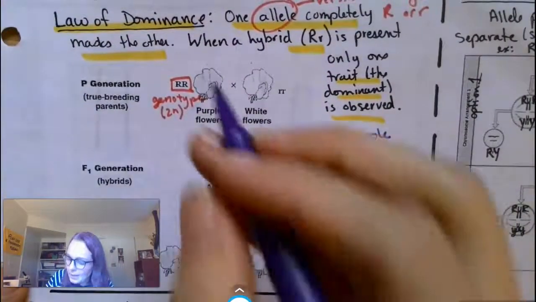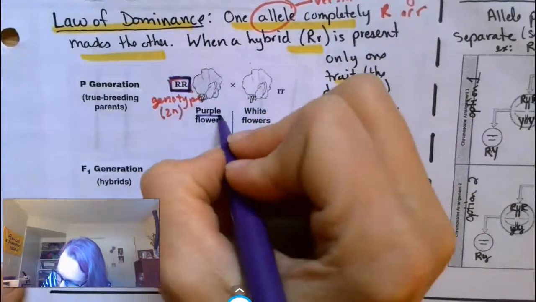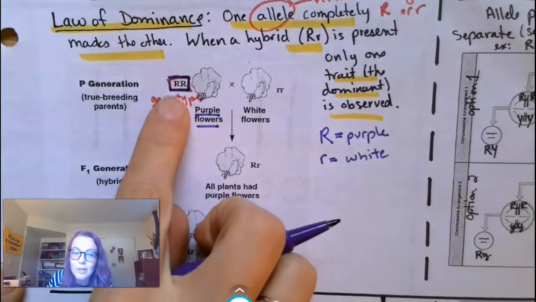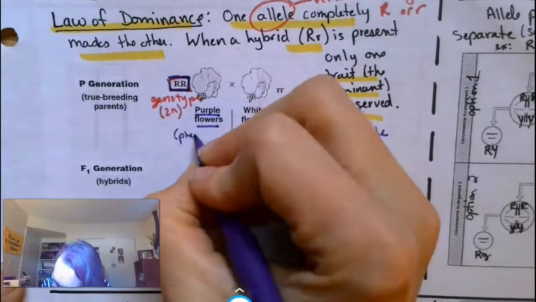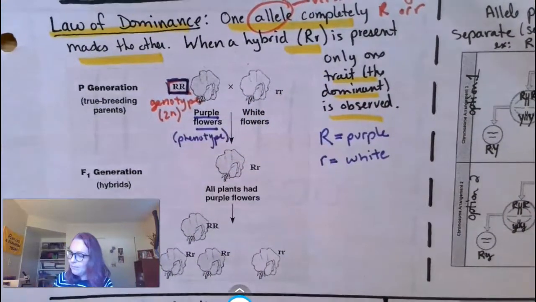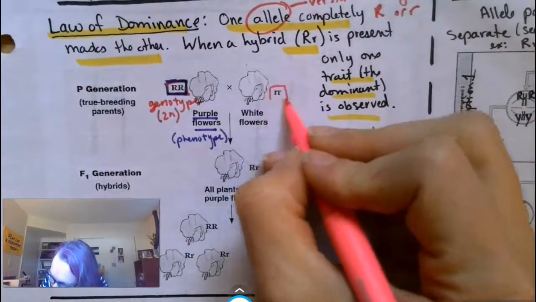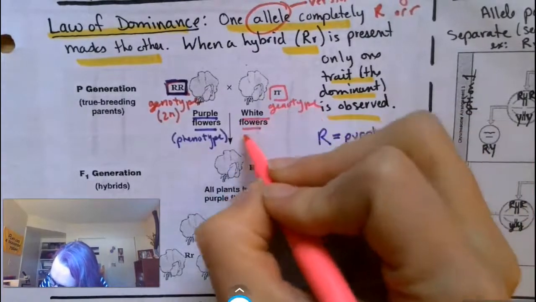When a pea plant is big R, when that's their genotype, they have purple flowers. The genotype is the gene combination. Purple flowers is the phenotype, the characteristic or the physical appearance of that flower. When a pea plant is little r, when that's the genotype, then the phenotype is white flowers.